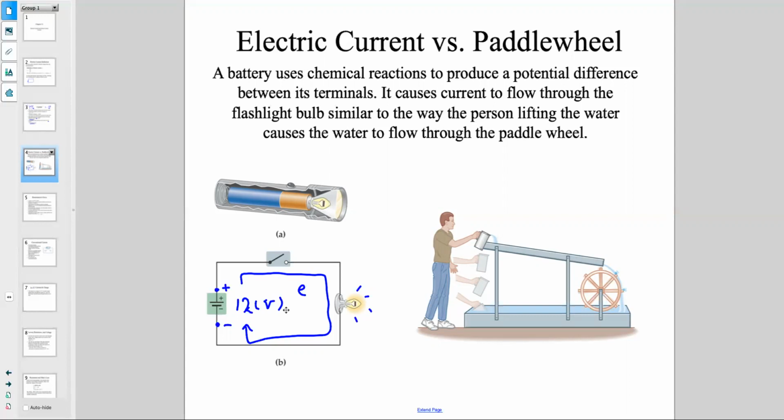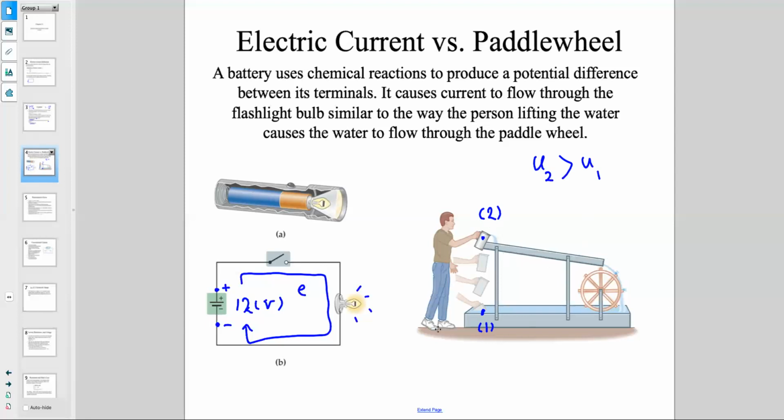Essentially, it's the same idea as a paddle wheel. You have water going all the way up to a higher gravitational potential at this point. From point 1 to point 2, point 2 has a higher gravitational potential energy. When you release this water, it will go all the way to the 0 level, or level 1.